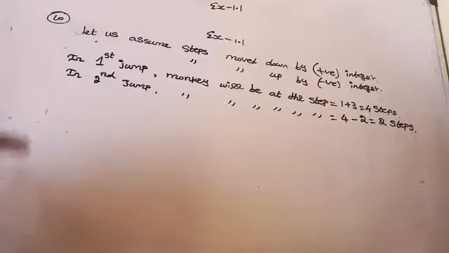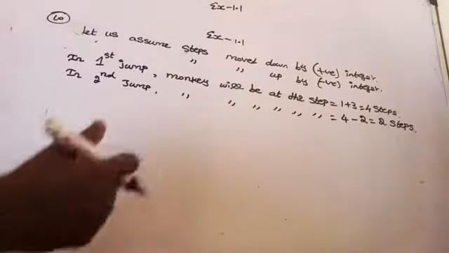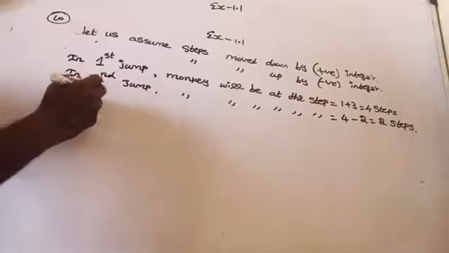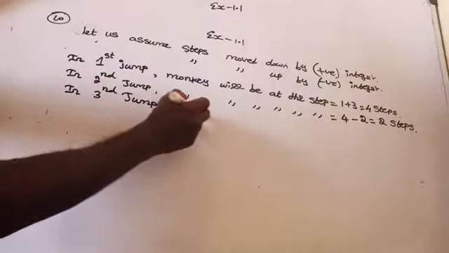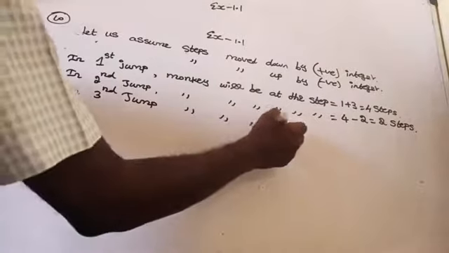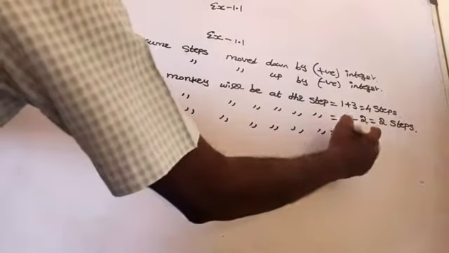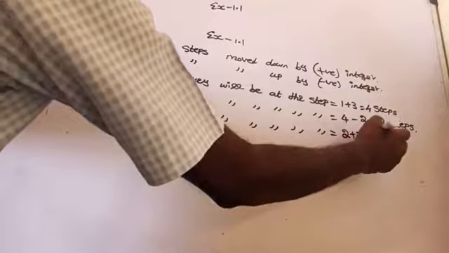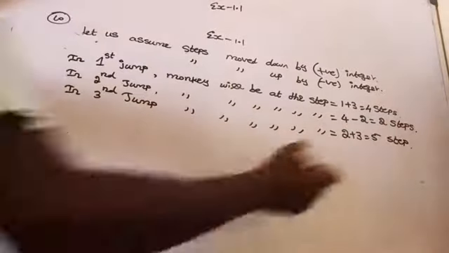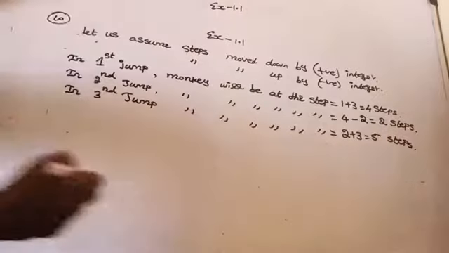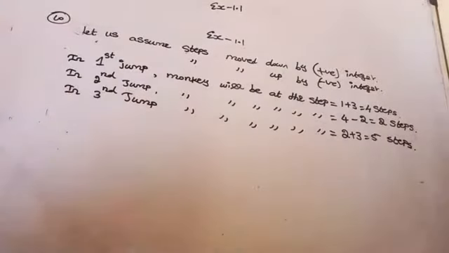Then in the third jump, he goes 3 steps down, so the monkey will be at step 2 plus 3, that is the 5th step. Am I right here?